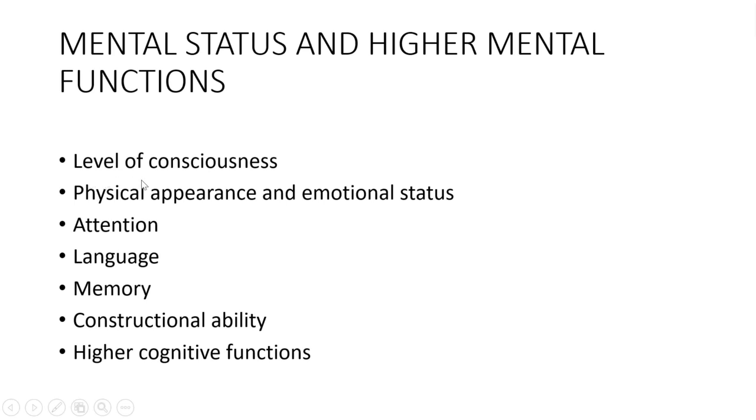You can see it starts off with evaluation of level of consciousness, followed by physical appearance, emotional status evaluation, attention, language, memory, constructional ability, and higher cognitive function examination. So this is an extensive list of examination in itself, and this is why we really can't blame anyone for completely ignoring its existence.